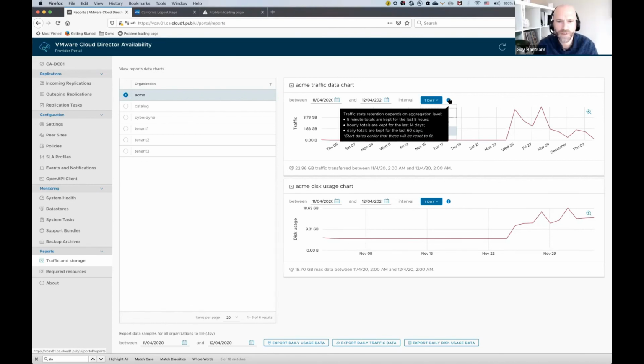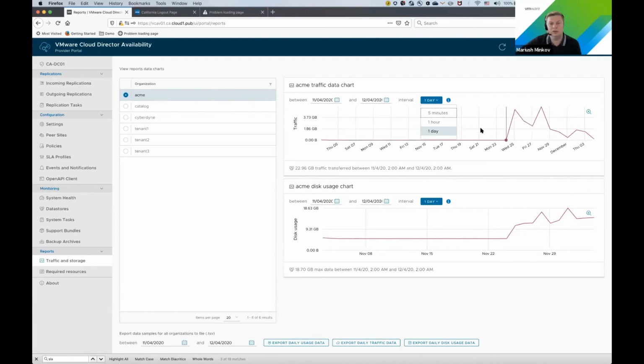If you are only interested in getting the storage consumption, you are also fully okay to just call this API once a month, and you will get the history of the storage per org. And it is also possible to get the storage per replication.